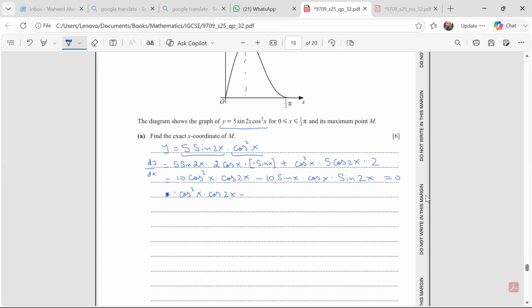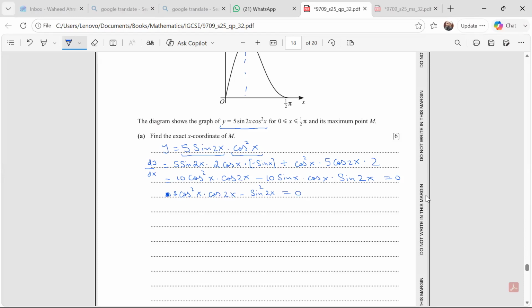So I'm dividing everything by 5. 10 divided by 5 is 2. So 2 sine x cos x will become sine 2x. And again sine 2x, so it is sine 2x squared, and this is equal to 0.